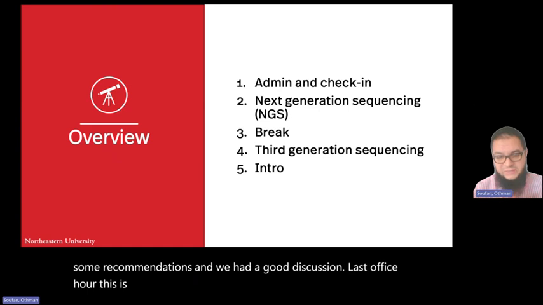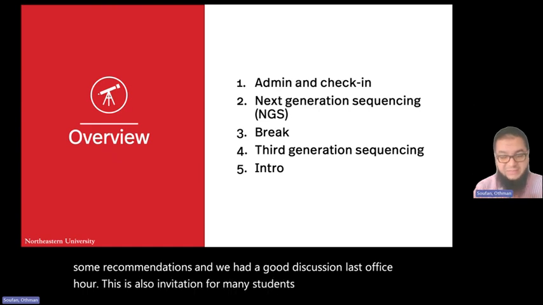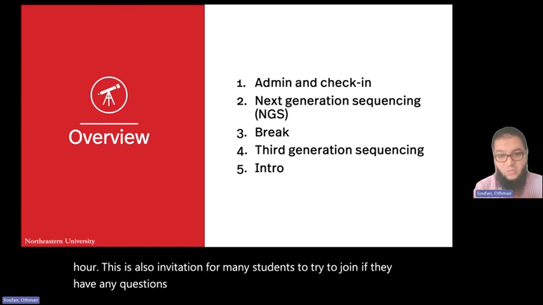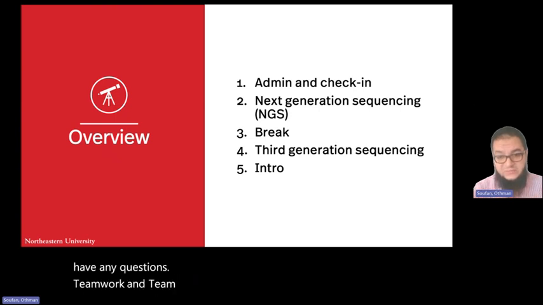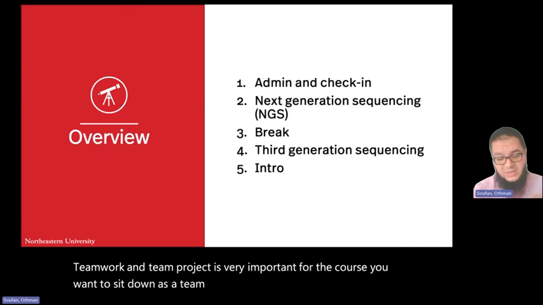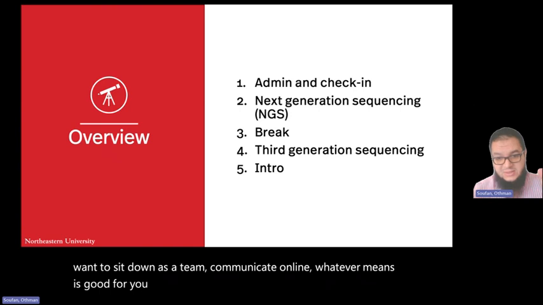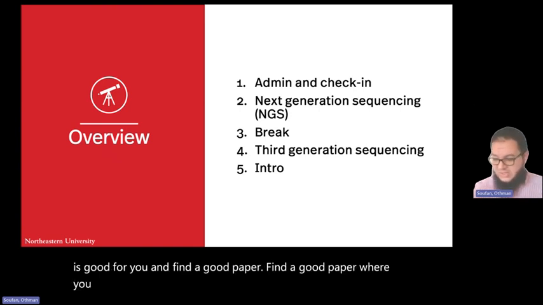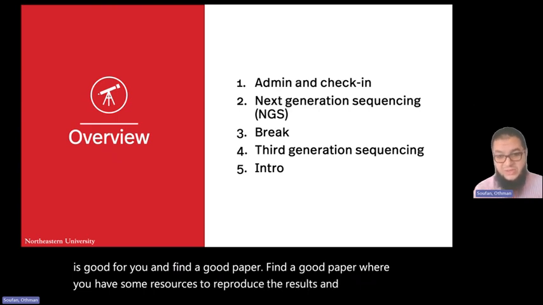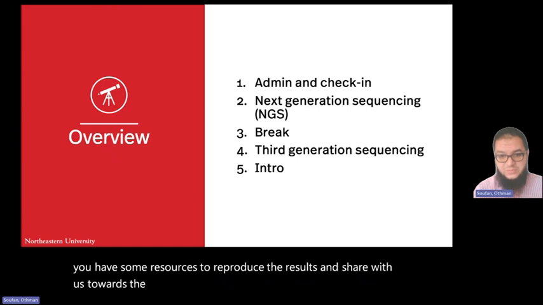This is also an invitation for many students to try to join if they have any questions. Teamwork and team project is very important for the course. You want to sit down as a team, communicate online, whatever means is good for you, and find a good paper where you have some resources to reproduce the results and share with us towards the end of the course. Great.